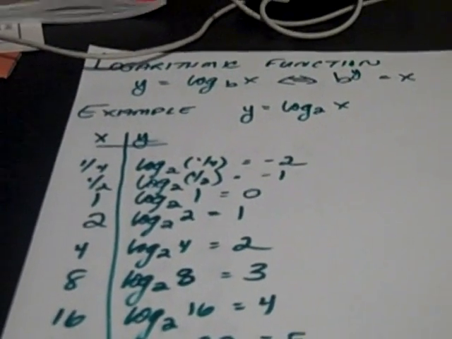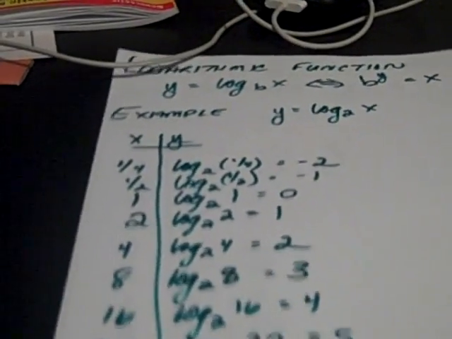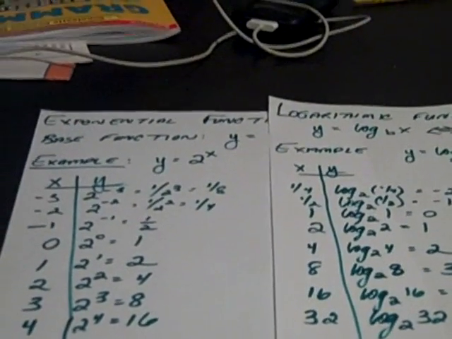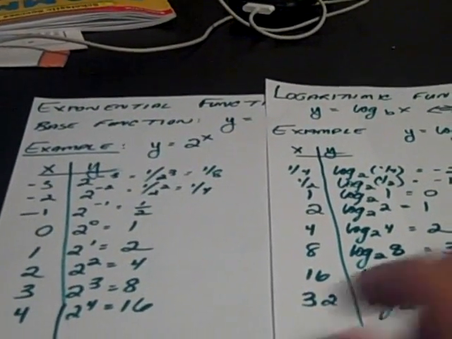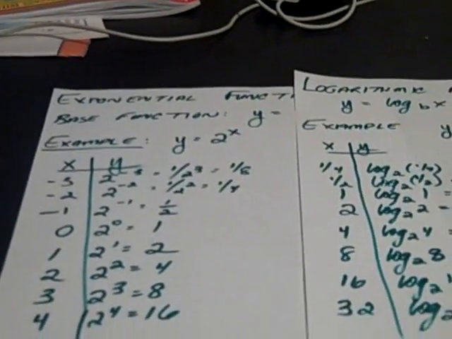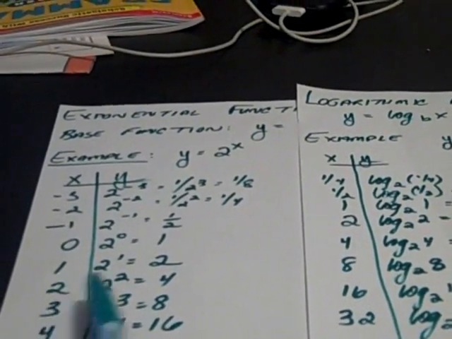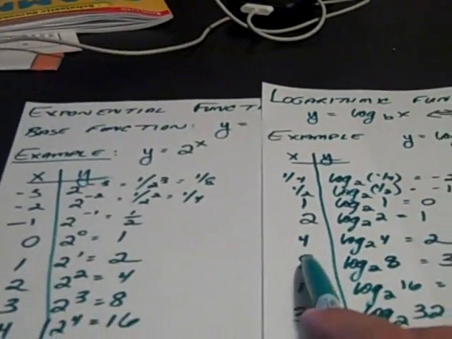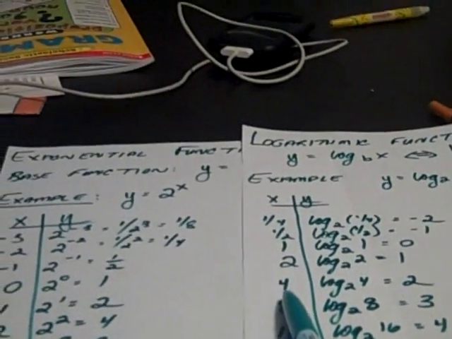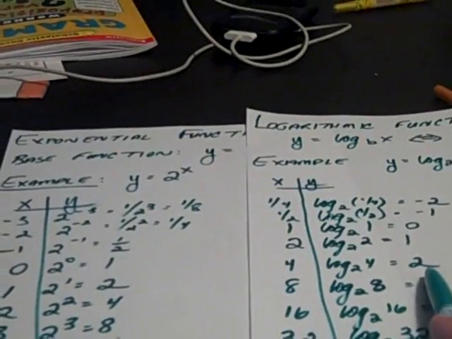If we actually look at the graph of an exponential function side by side with a logarithmic function, what we'll notice is, if we look at the x and y values in the exponential, when x is 2, y was 4. Over here in the corresponding logarithmic, x is 4, y is 2.